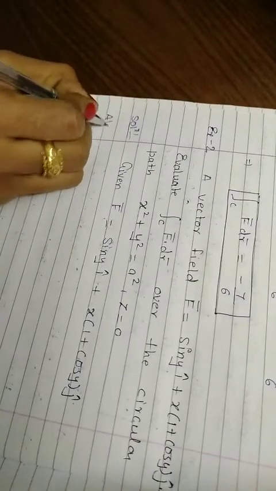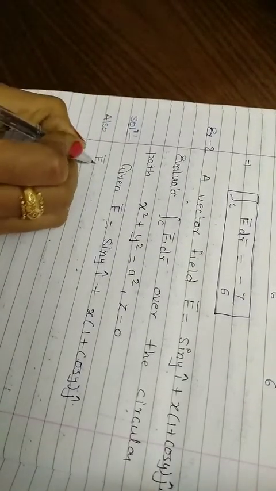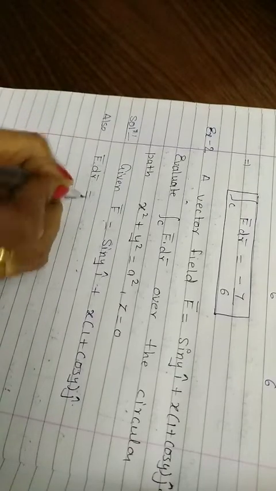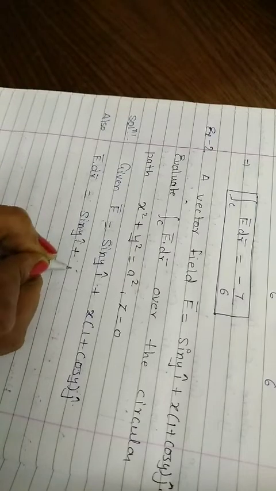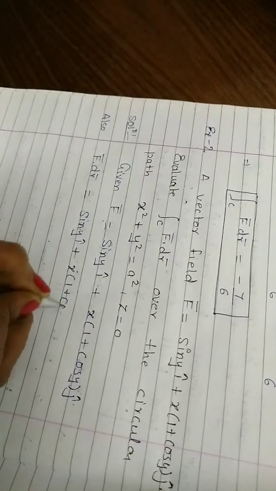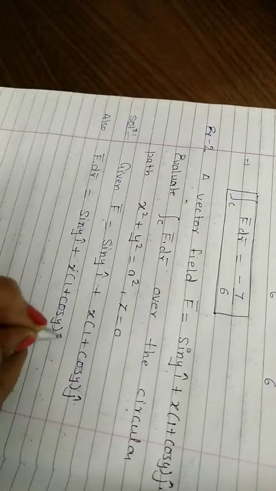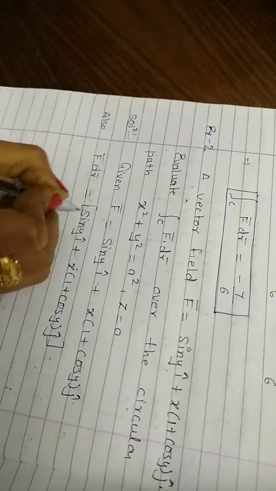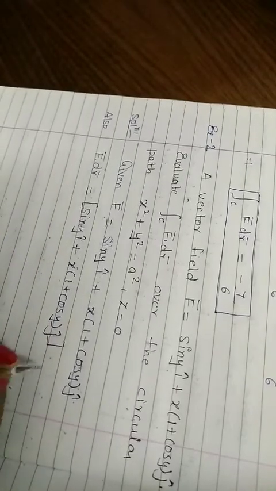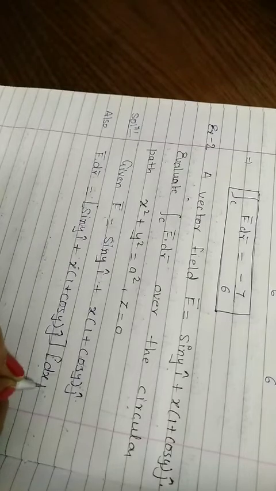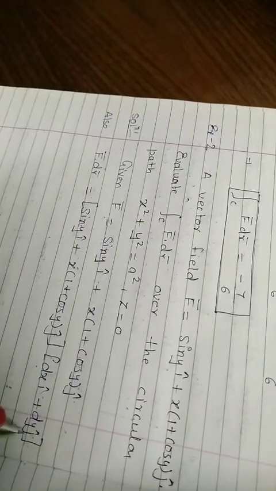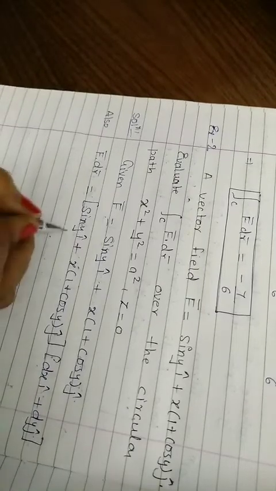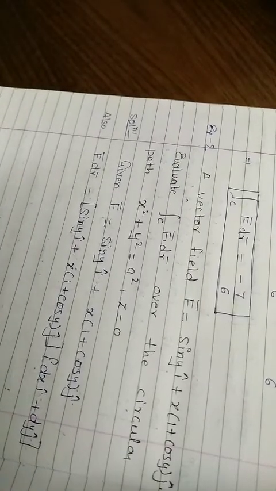Also I am calculating f vector dot dr vector. So here f vector dot dr vector will be sin y i plus x into 1 plus cos y j. This is my f vector, and dr vector will be again dx i plus dy j.